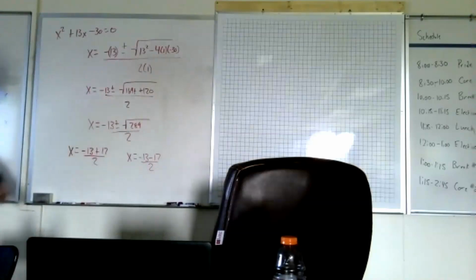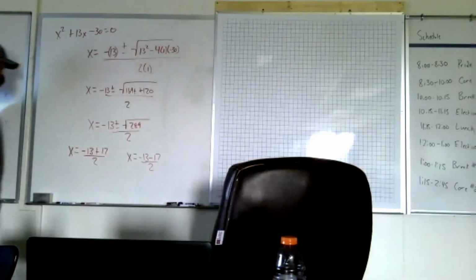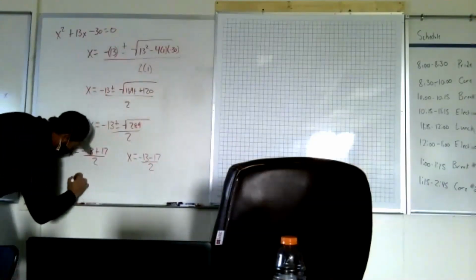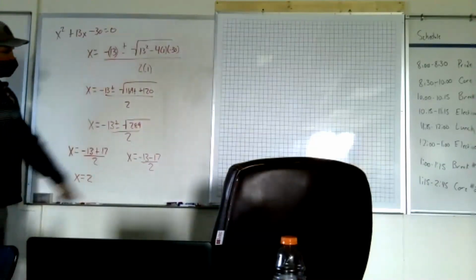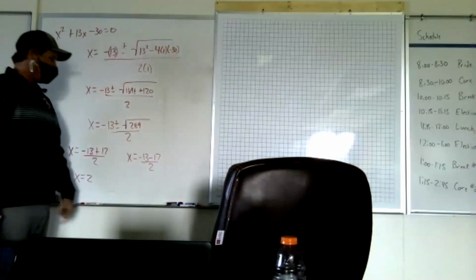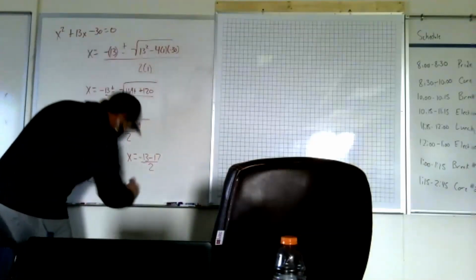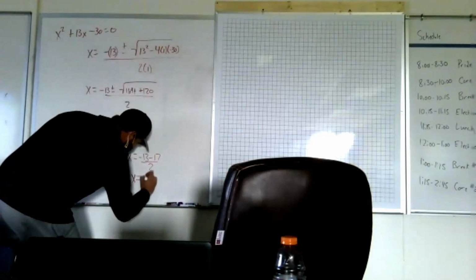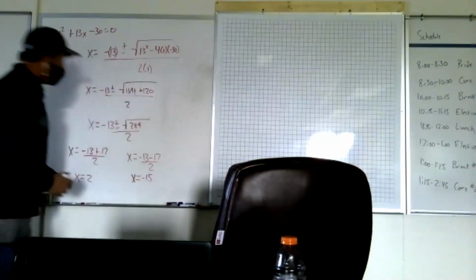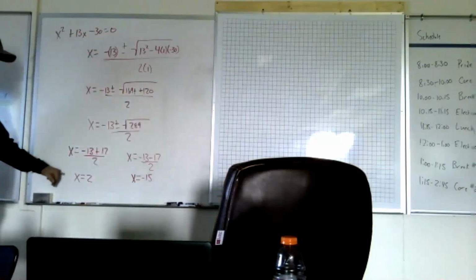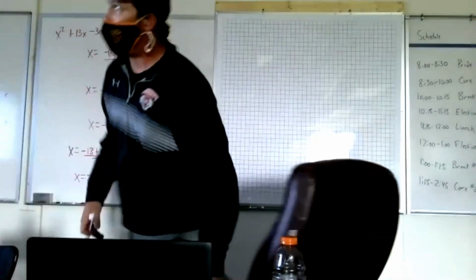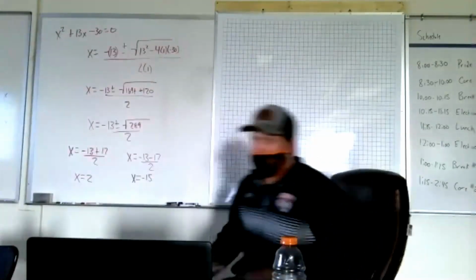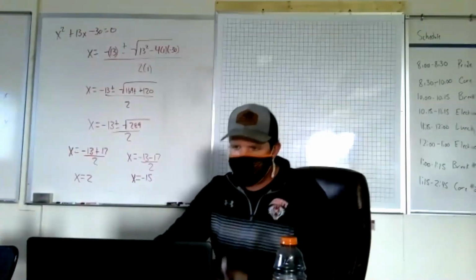On this side, negative 13 plus 17 is 4. 4 divided by 2 is 2. This side, negative 13 minus 17 gives you negative 30, divided by 2. x is equal to negative 15. So your two roots are x is equal to 2 and x is equal to negative 15, which should correspond to B.